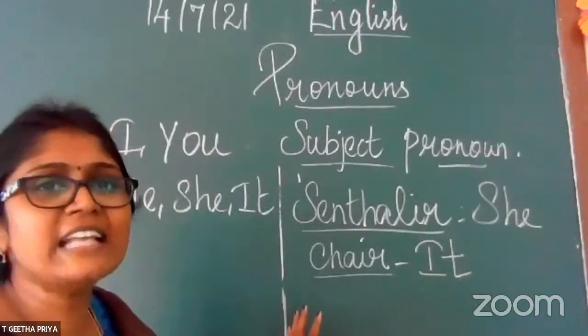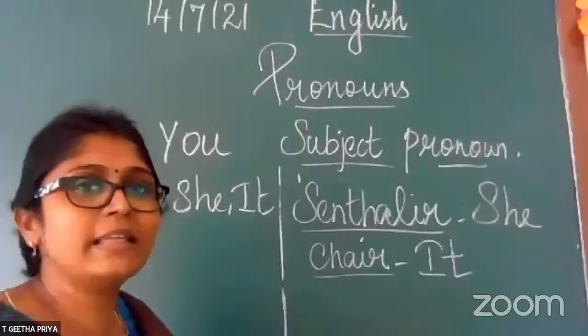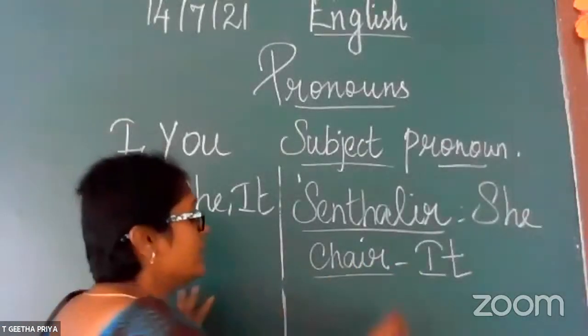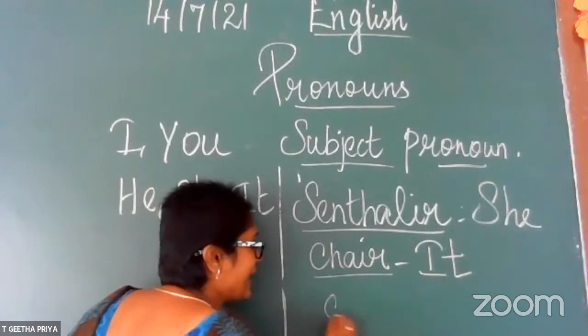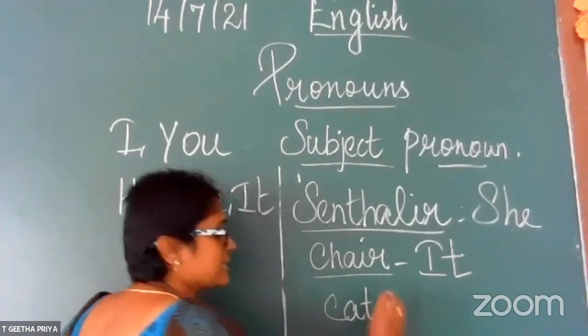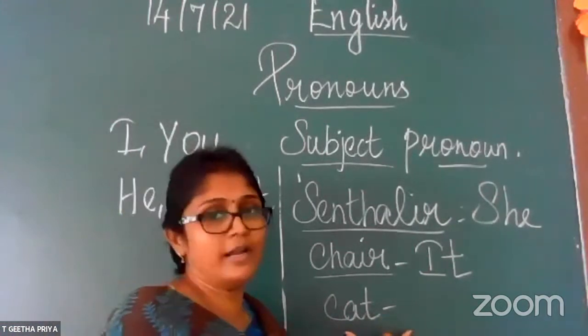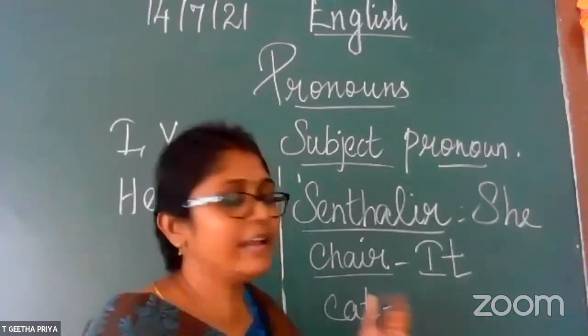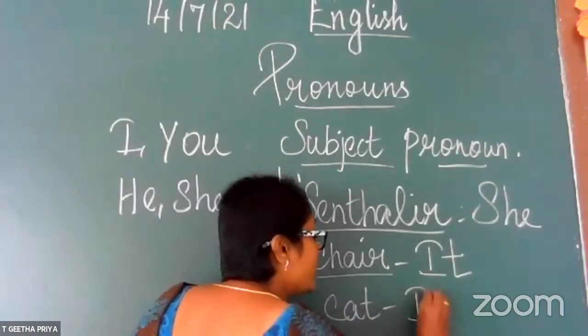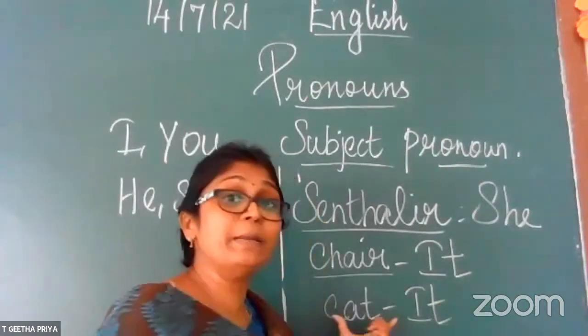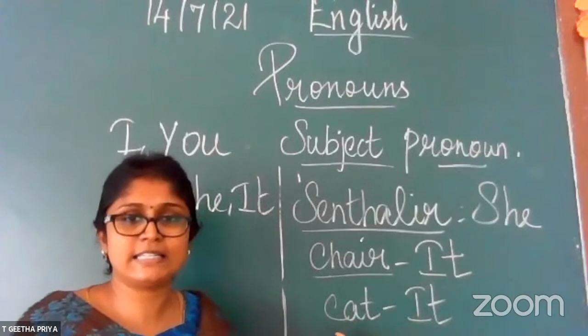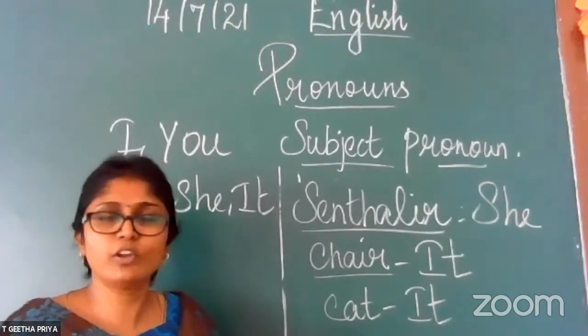So when we add s or es with the singular naming word, we can make them into plural form. Got it? So you take an animal, cat. Cat is a singular naming word. That is why we use the pronoun it in the place of cat. Got it?